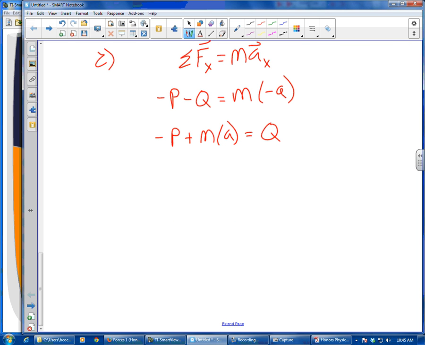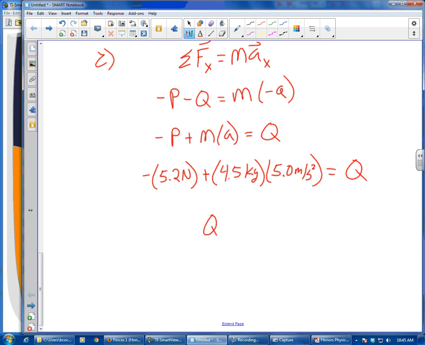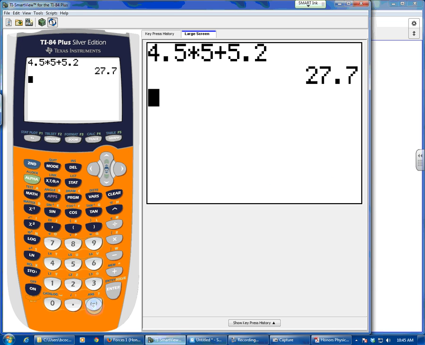And now it's substituting in again: negative 5.2 newtons plus 4.5 kilograms times 5.0 meters per second squared equals Q. And so I end up with the magnitude of Q being, let's see, negative 5.2 plus 4.5 times 5.